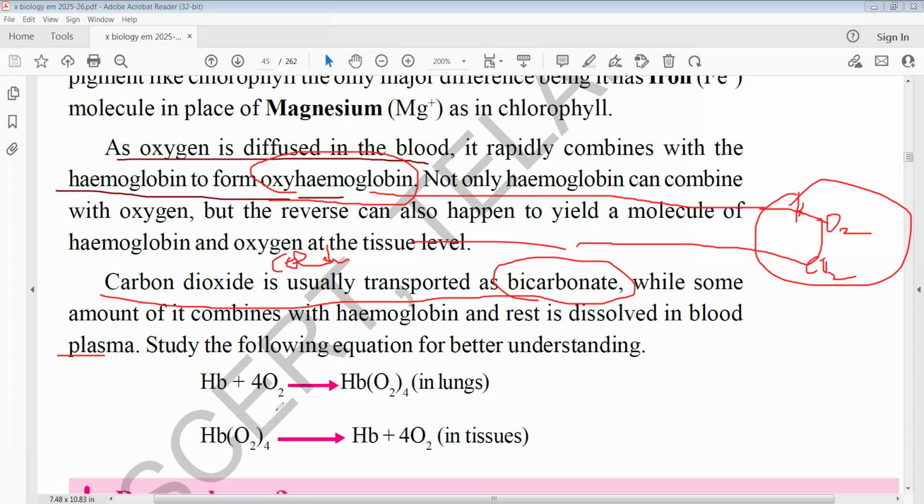Here the chemical equation is given, and it is important at examination level. Sometimes they may give it like this. Here Hb means hemoglobin.